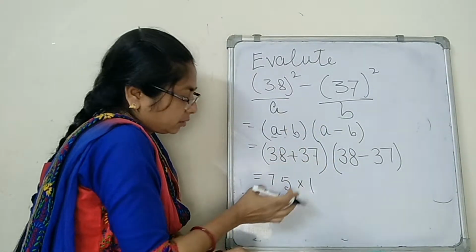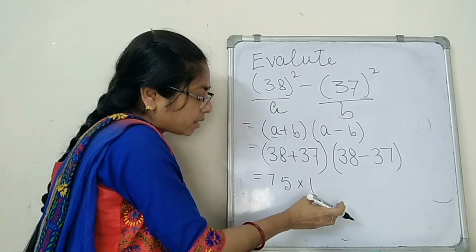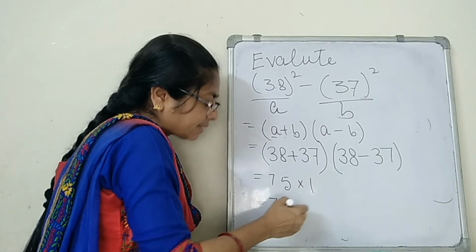We add it, get 75. Minus, the result is 1. 75 into 1, 75. It is the answer.